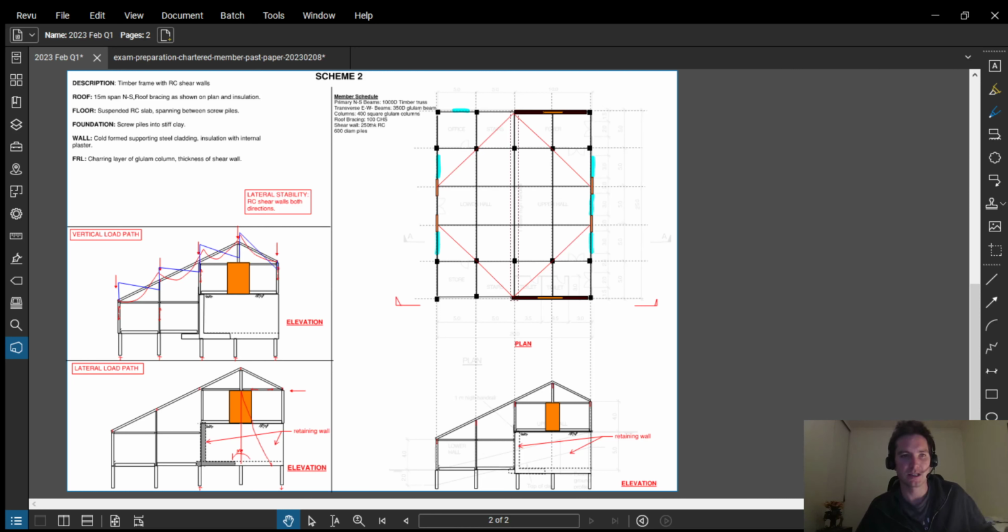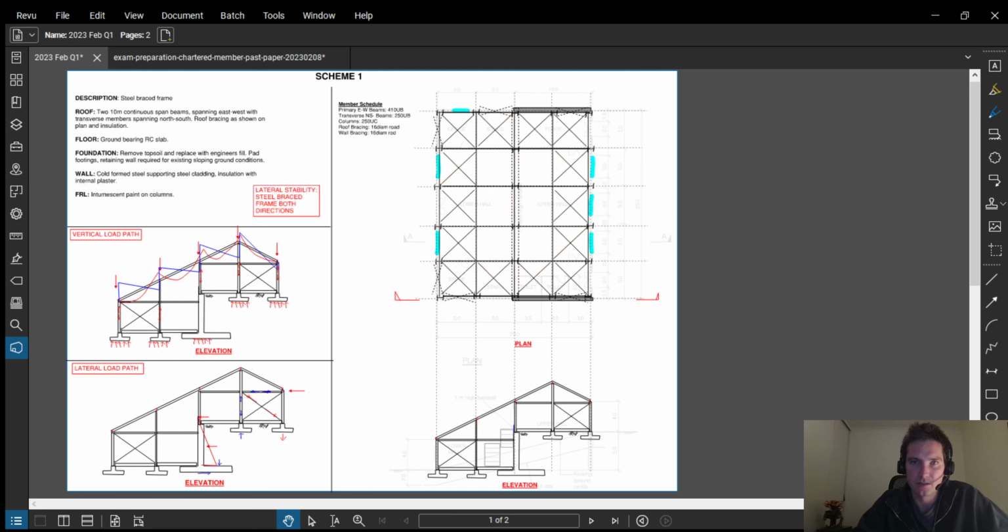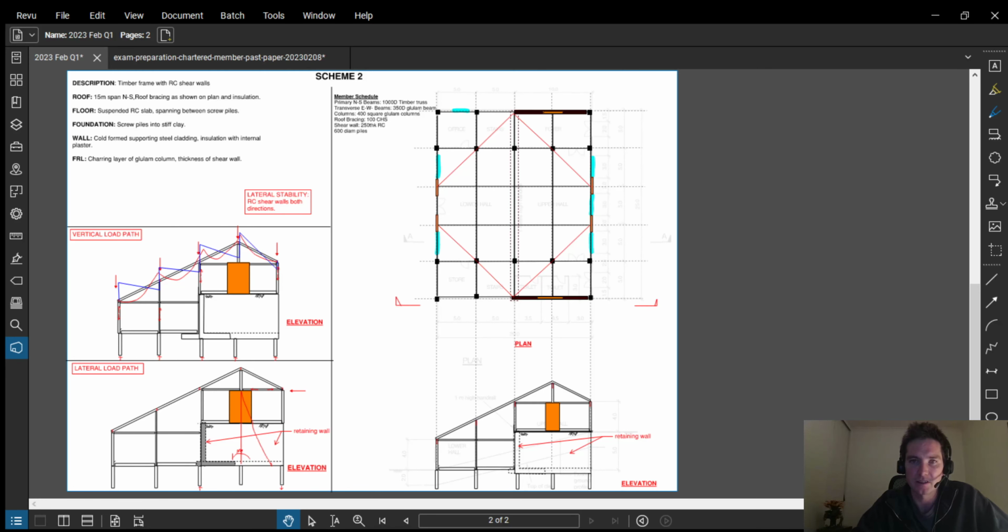Limiting the span results in more efficient use of materials, less load on the foundations, etc. So that is a material efficiency by just limiting our span lengths from 15 meters to 10 meters between scheme 1 and 2.